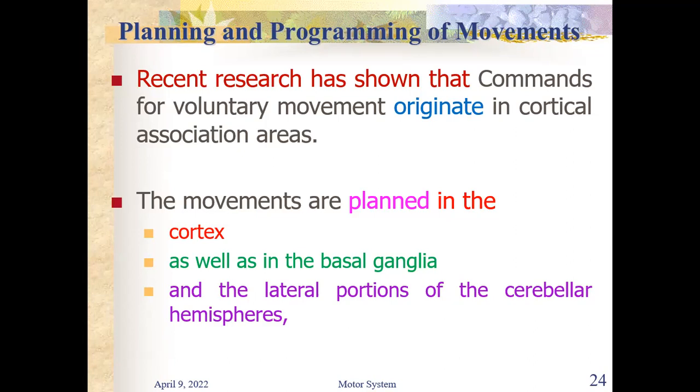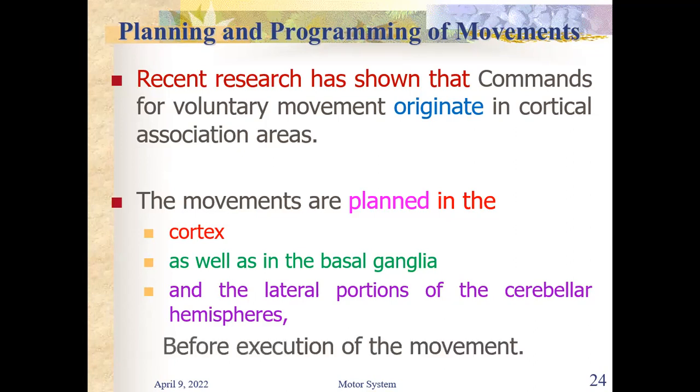Those areas outside the primary motor cortex are the cortical association areas. So movements are planned in the cortex as well as in the basal ganglia, as well as in the cerebral hemispheres, with the part of the cerebellum that you call the cerebellum involved in planning of movements. Okay. So these plannings happen before execution of movement.